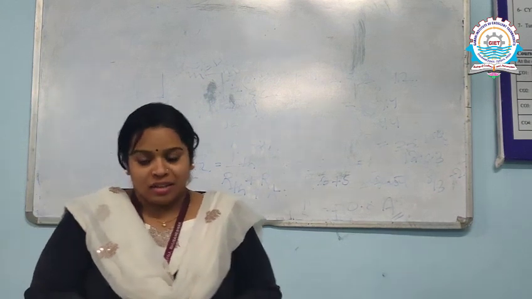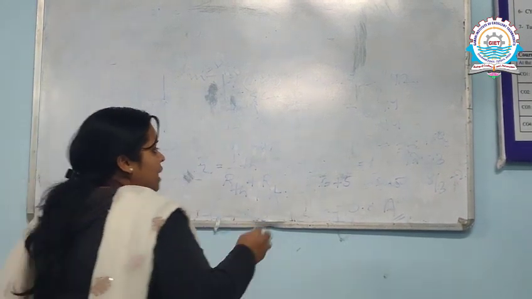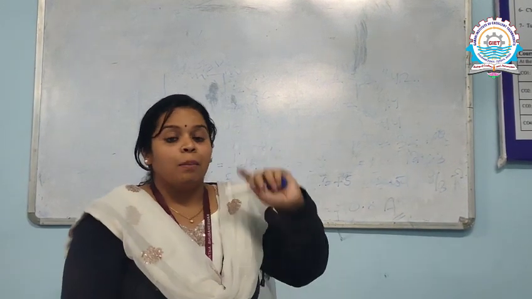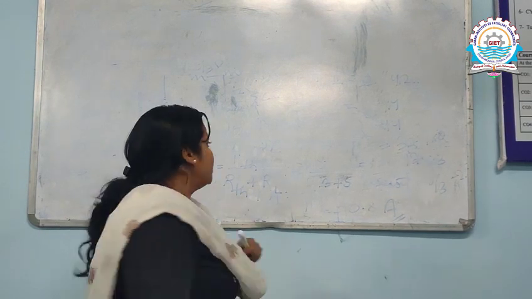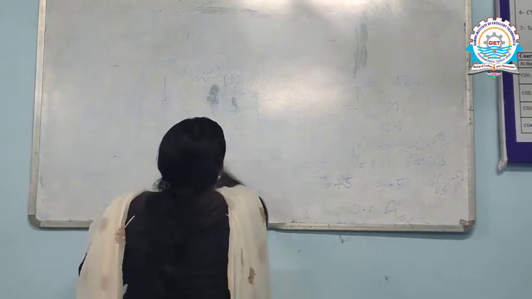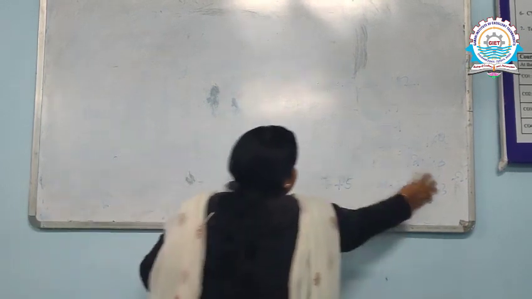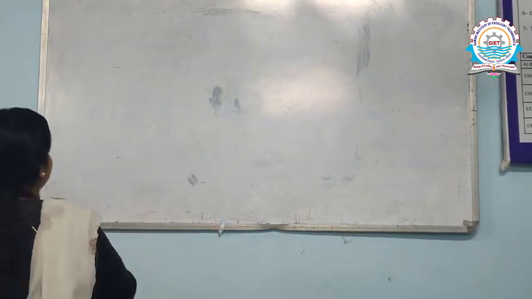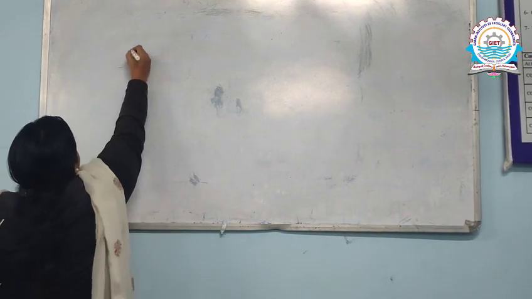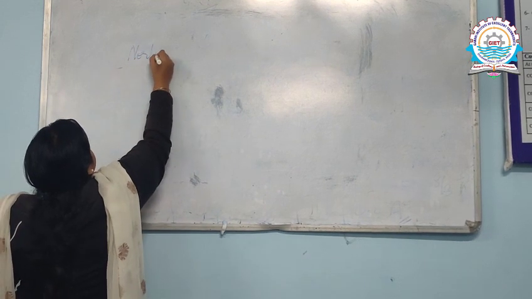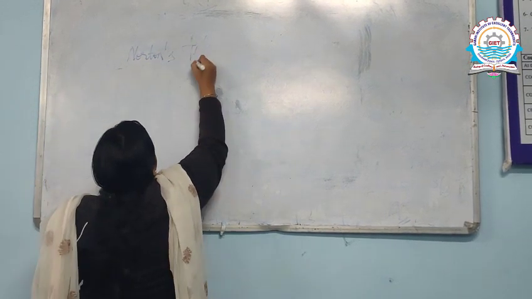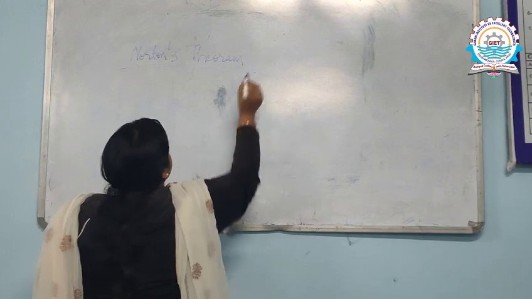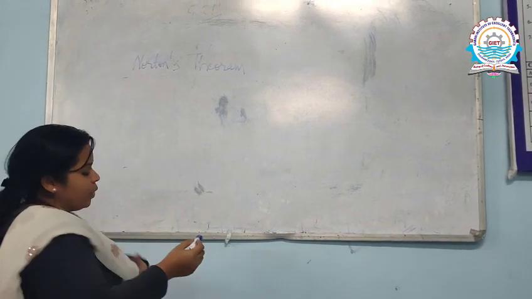If I come to the Norton's equivalent circuit or the Norton's theorem, it is similar to the Thevenin's theorem. The only difference is that here, in Thevenin's we go for the voltage, but in Norton's we have to look for the current part. In Norton's theorem, that is also the same.